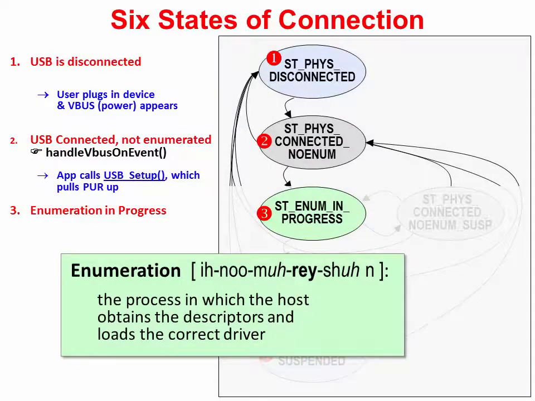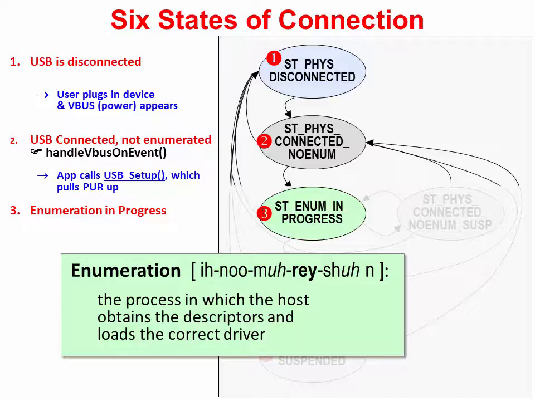The process of connecting a USB device to a host is called enumeration. In fact, you may have seen a pop-up at some point in Windows that tells you it's enumerating a device that you plugged into its USB port. The USB connection state diagram is a 6-step procedure. On this slide, we show the first 3 states. 1. We always start out disconnected.